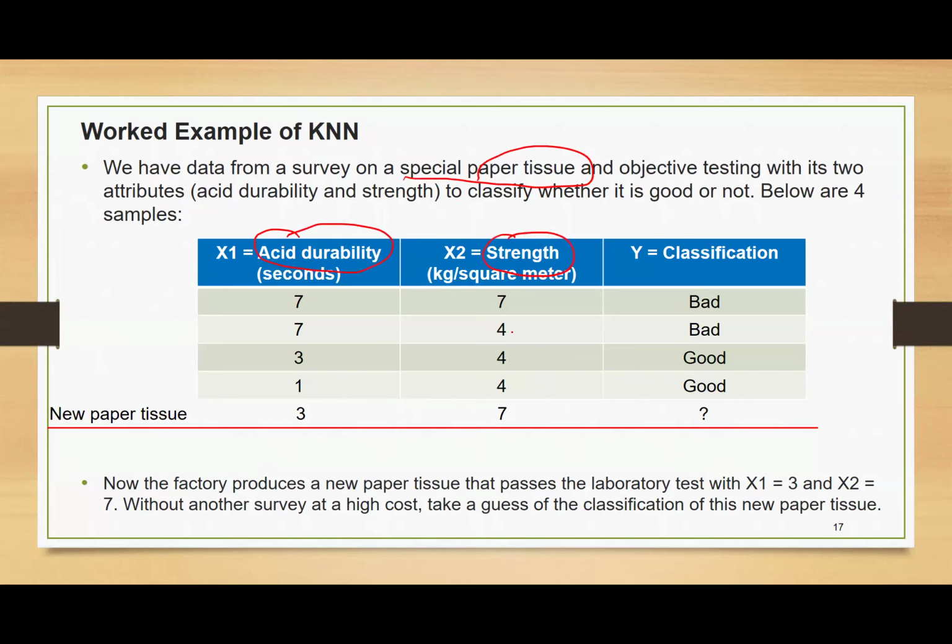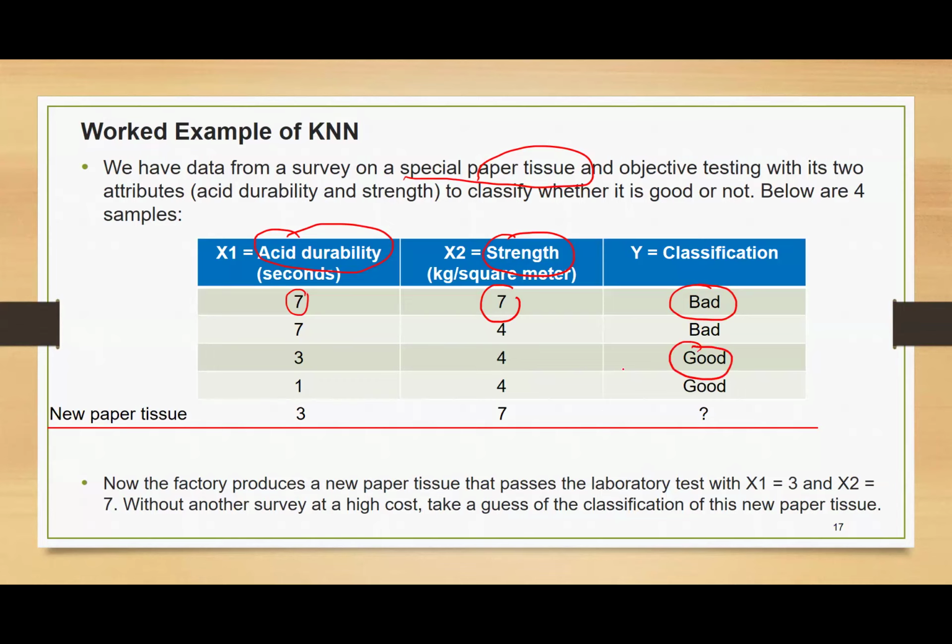So we already have some data here. Like if we have acid durability of 7 seconds and the strength of 7, then we classify this tissue as bad. And sometimes, according to the features, we classify this tissue as good.